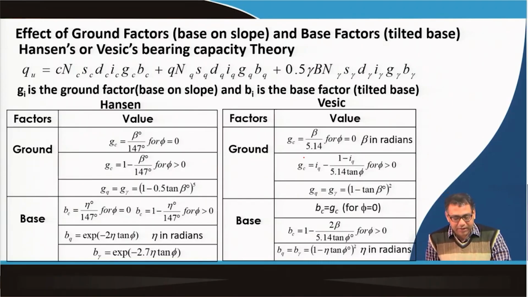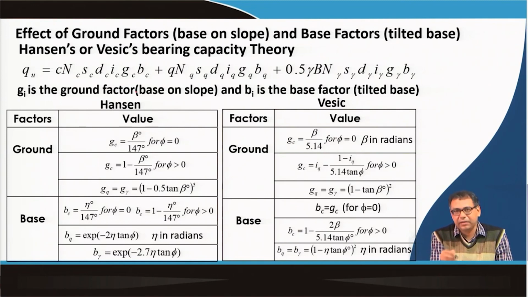G is the ground factor, that means base on slope. If the foundation is on a slope, that is the ground factor, and B is the base factor if it is a tilted base. So, that means the Sc, Dc, Ic, Gc, Bc. G is the ground factor if the foundation is on the slope, and B is the base factor if it is a tilted base. These two factors are also introduced.